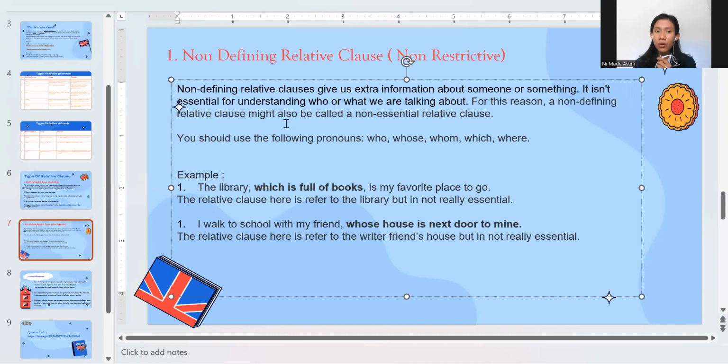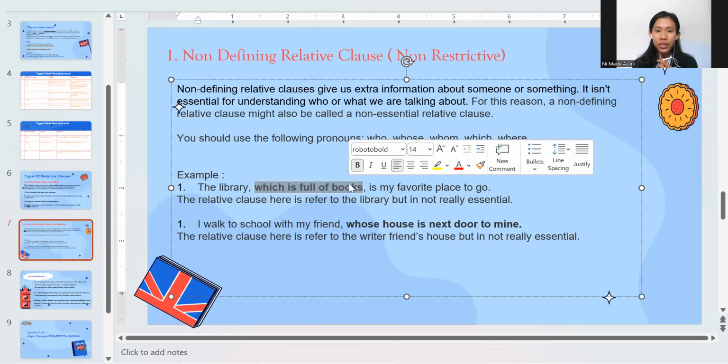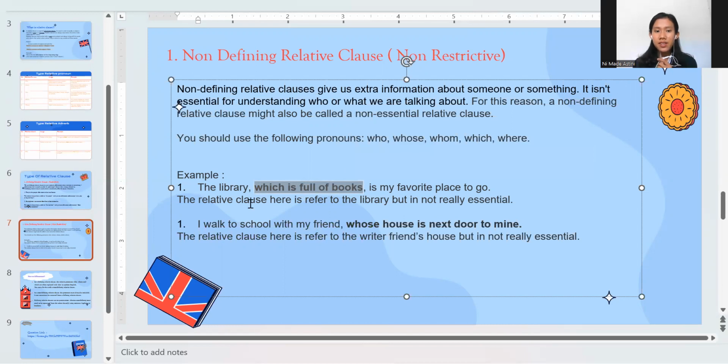It means that without the information, we can understand the meaning of the sentence clearly. For example, the library, which is full of books, is my favorite place to go. So which is full of books here refers to the library, but if we take out this part, we still can understand that the library is my favorite place to go.